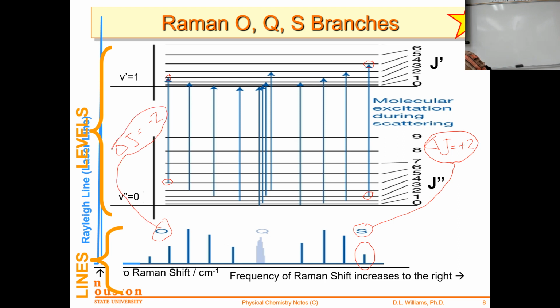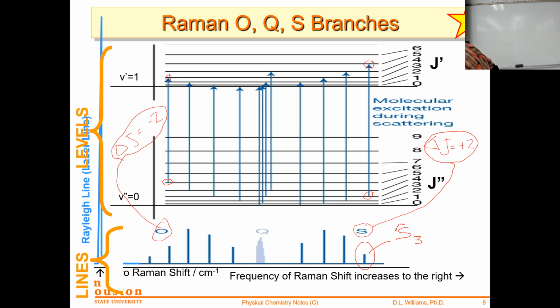So we've used these labels like P, Q, R, O, Q, S as shorthand so that we're not always writing J's everywhere, right? So we have an S3 line right here. This line is an S and we subscript 3. And so that tells us what J it starts at, and then the S tells us how it jumps.